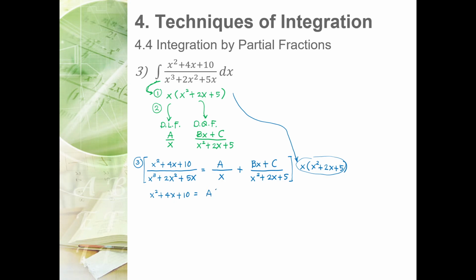So A times the quadratic factor, and then plus bx plus c times x. Again, since we have three unknowns, it's best to use equating coefficients. So 3.1, by equating coefficients.